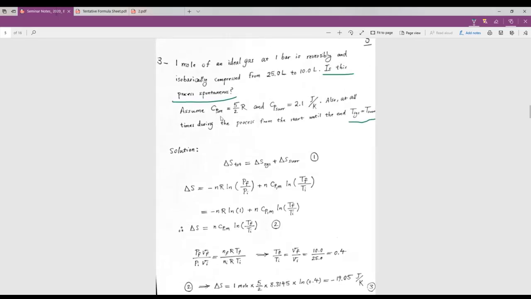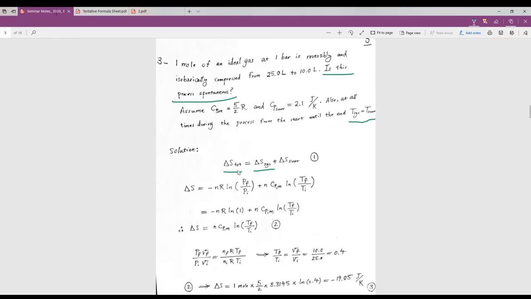Anyways, whenever we want to use the entropy as the measure to tell if, for example, the process is spontaneous or not, we have to calculate the total change in the entropy.